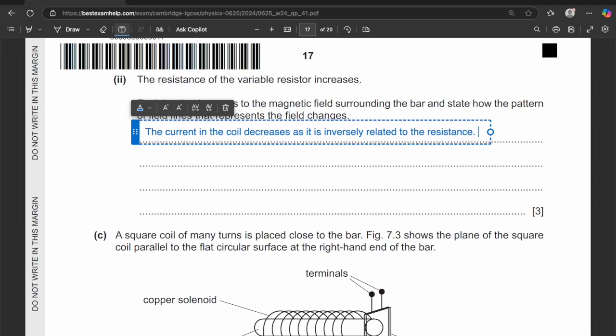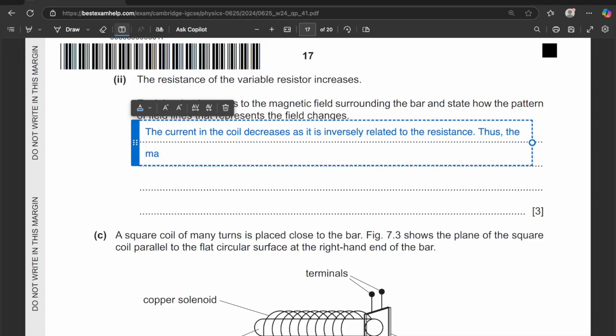And therefore, thus, the magnetic field strength decreases. The field lines will be farther apart from each other.